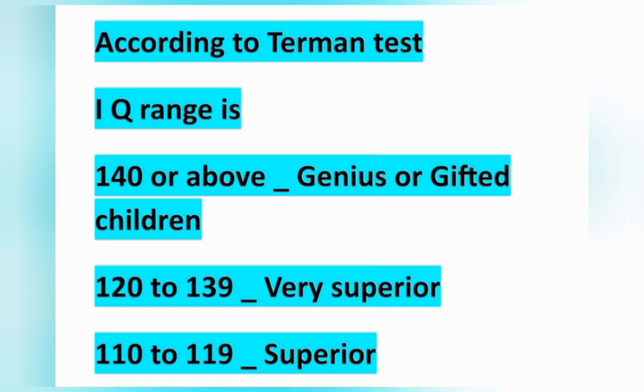According to the Terman test, an IQ above 140 is called genius or gifted, the IQ range between 120 to 139 is called very superior, and between 110 to 119 is called superior.